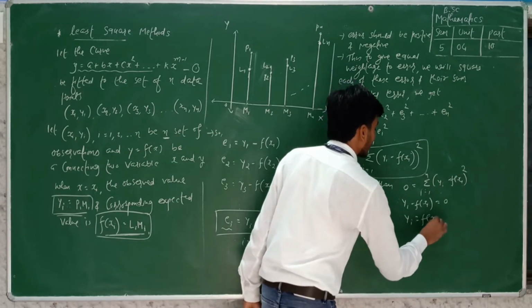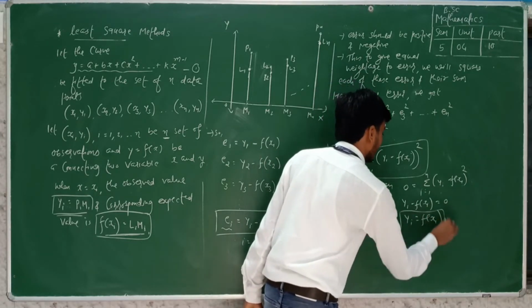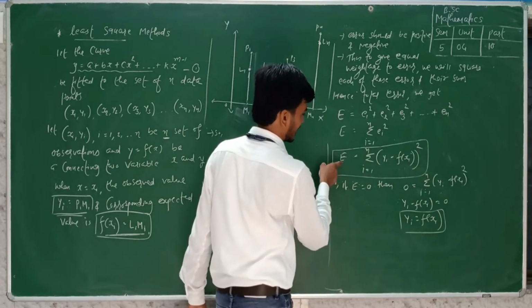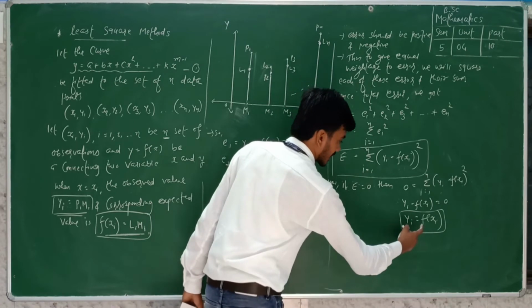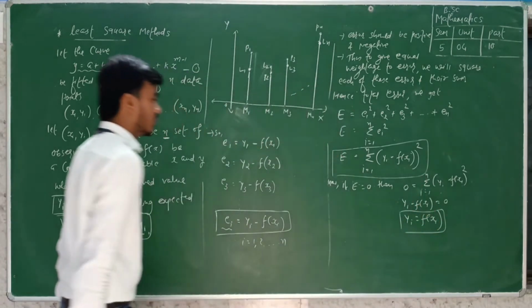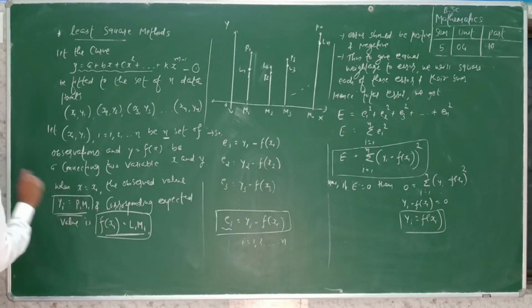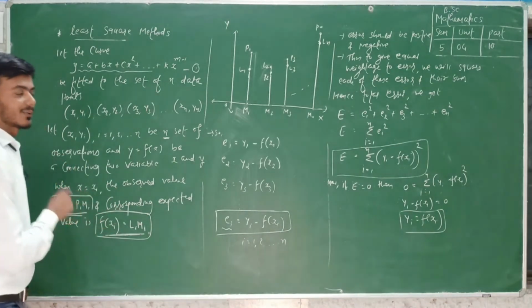So yi is equal to f of xi. Whenever E is equal to 0, we get yi is equal to f of xi. What is yi? This is the observed value. What is f of xi? This is the expected value. So the expected value and observation value are the same.